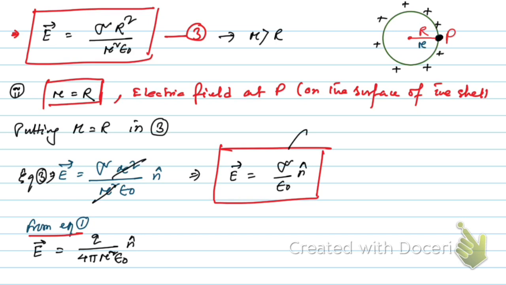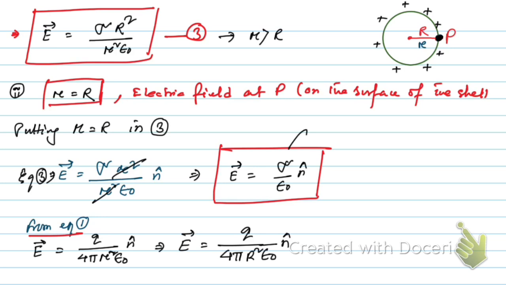So if you put small r is equal to capital R, then this expression becomes this: E is equal to, in terms of Q, Q by 4 pi capital R square epsilon naught n cap. That's what we can have, right?